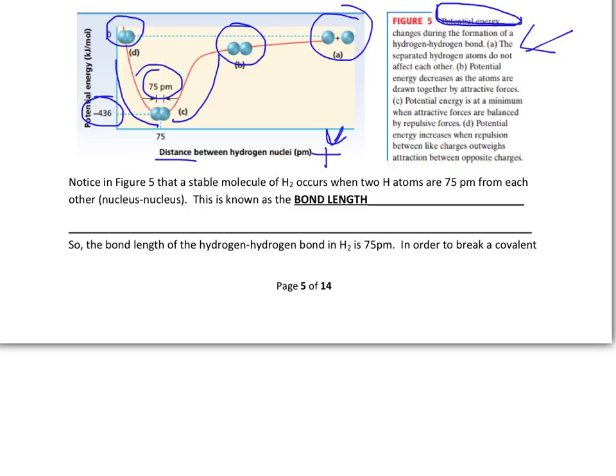So let's get some language down for that. Okay, it says, notice in figure 5 that a stable molecule of hydrogen occurs when two hydrogen atoms are 75 picometers from each other, nucleus to nucleus.